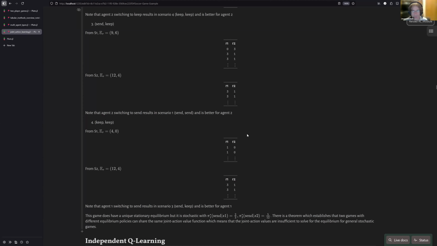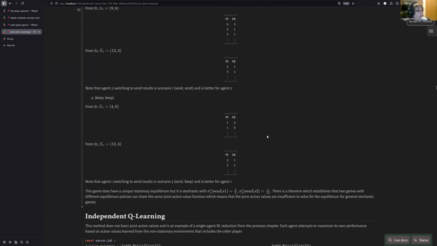It just happens to be a probabilistic one. You'd have to look at the paper to see exactly how they compute it, but apparently agent 1 choosing the send action 2/3 of the time, and agent 2 choosing the send action 5/12 of the time, is a probabilistic equilibrium for this stochastic game.